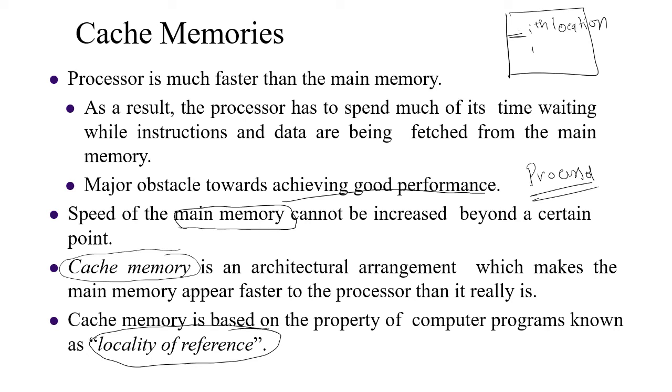There is a high chance of executing the I plus 1 instruction as well. The instruction at the I plus 1 location is also likely to be executed along with the ith instruction. This is called locality of reference.